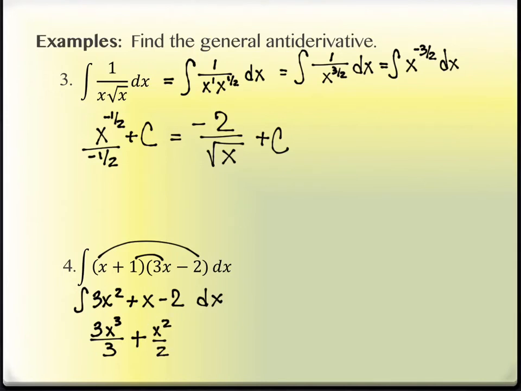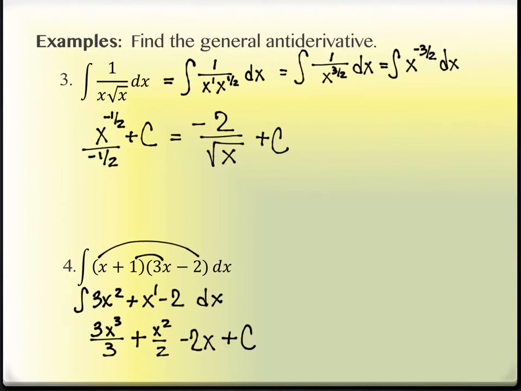Right, x squared over 2. There's an understood 1 power here, right? So x squared over 2. And then what about for negative 2? Minus 2x. Right, minus 2x. And plus c.